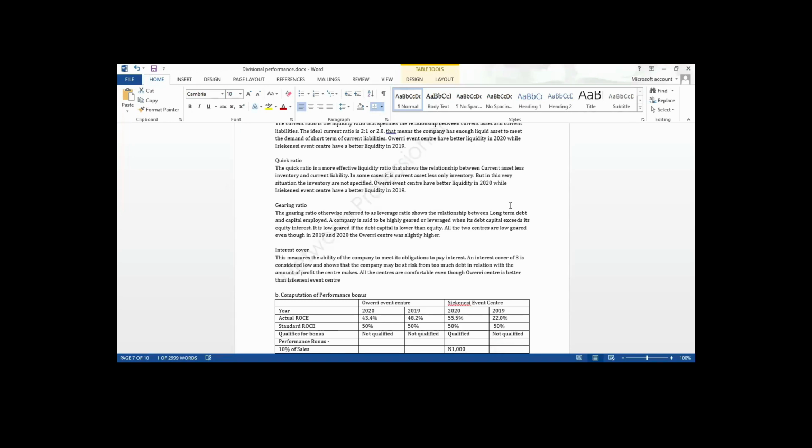And it is low geared where debt capital is lower than equity. Let's go check.